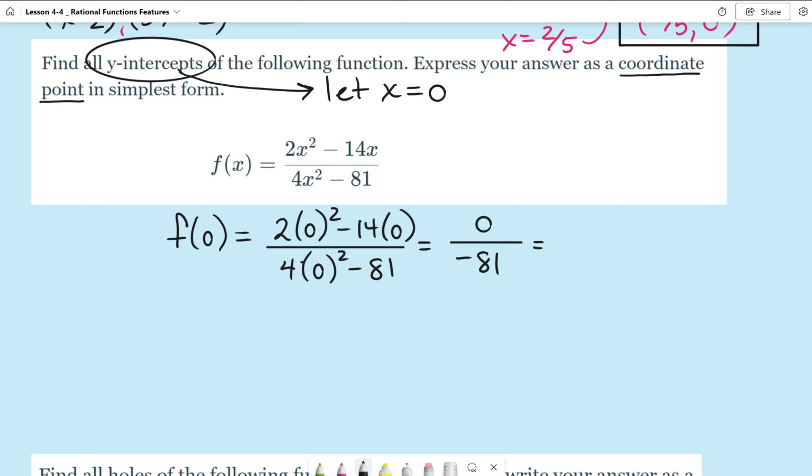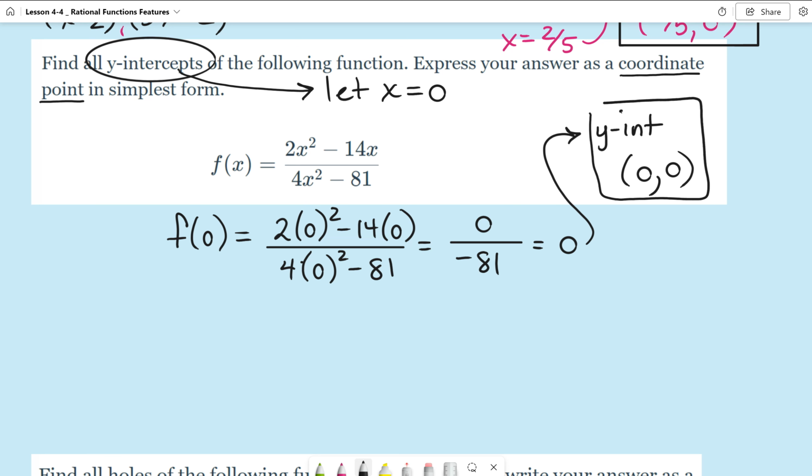But we know that 0 divided by anything will still remain 0. So this one turns out to be that y-intercept ends up being at the origin. So when x is 0, I'm going to put that as my x coordinate, my answer is also 0. So this would be the answer you would put in coordinate form.